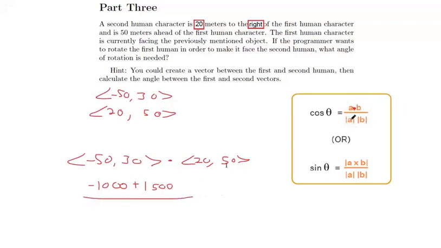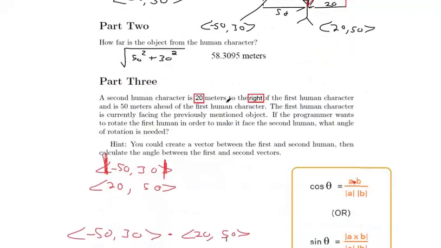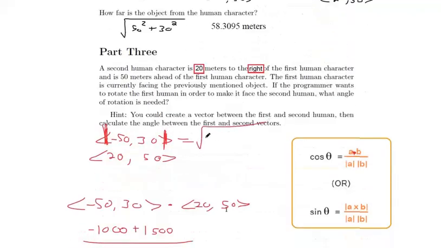And these bars in vector notation aren't the absolute value, they're the magnitude. So it's how long this vector is and how long this vector is for B here. If you want to find the magnitude of this vector, then you use the Pythagorean theorem again, right? It's the square root of each component squared.